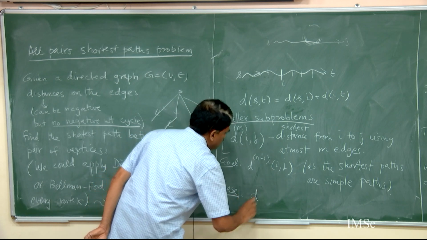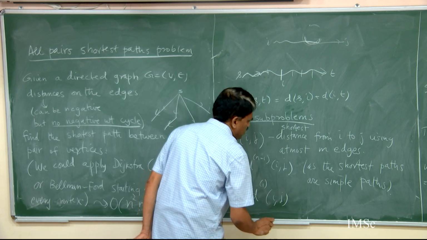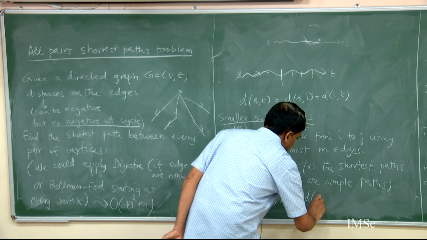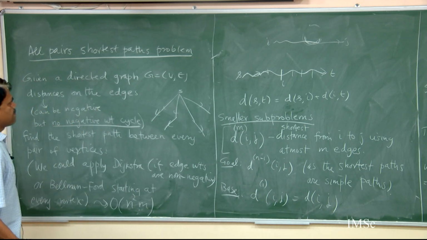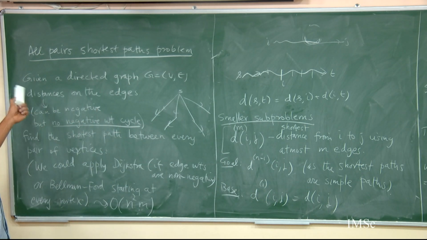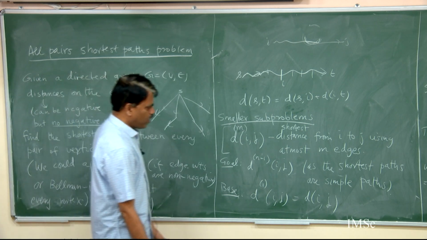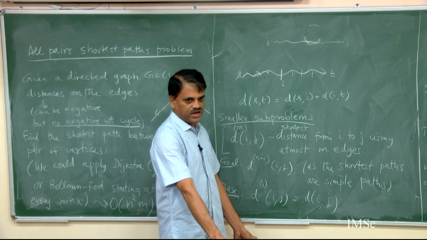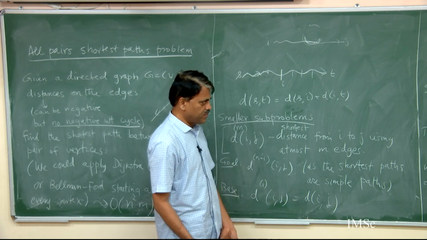There is only one edge. This would be the distance ij, whatever the distance is. If the edge is not there, let's assume the distance is infinity. So if I'm allowed to use only one edge, I just have to take the direct edge for every i and j, and otherwise if there is no such edge, that will be infinity.